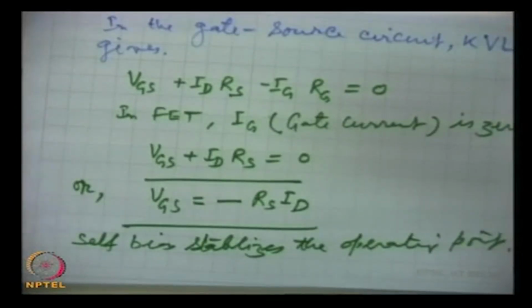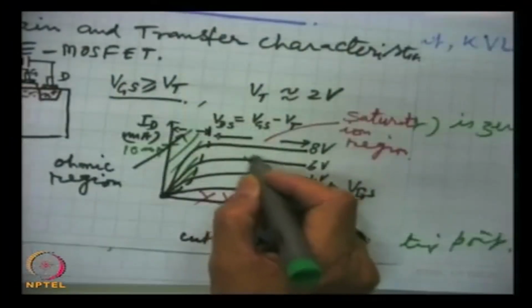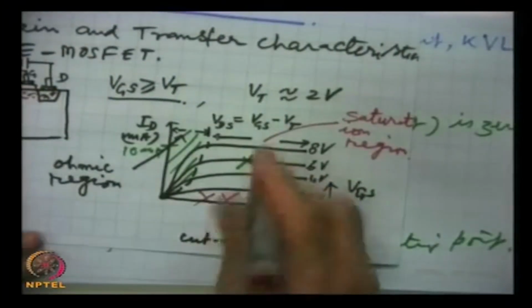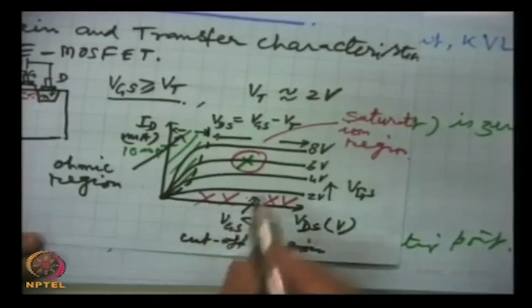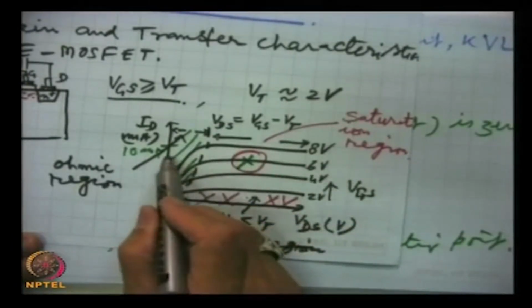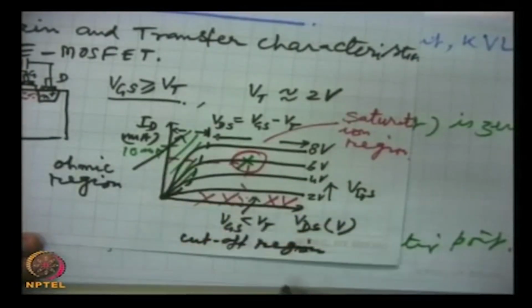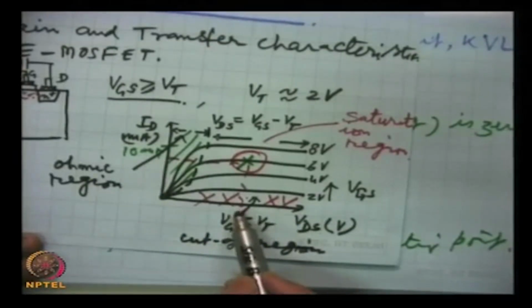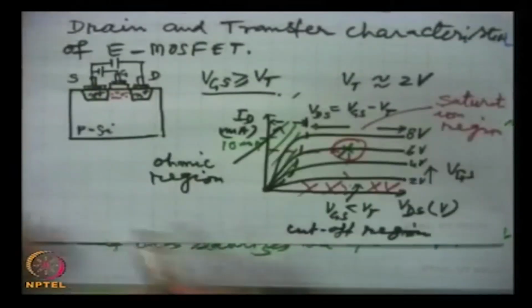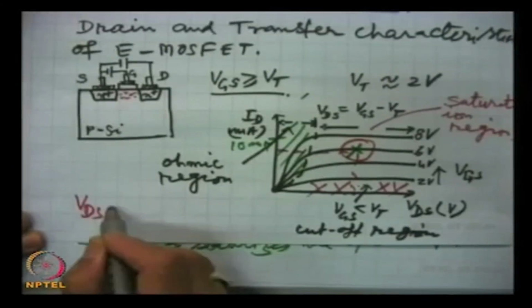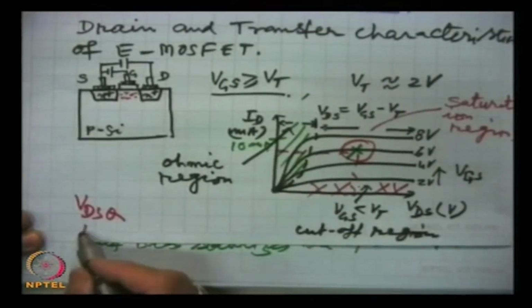Once we have chosen the operating point here, we have all these voltages and currents. The value of VDS is fixed. This is called VDSQ. This is called IDQ.